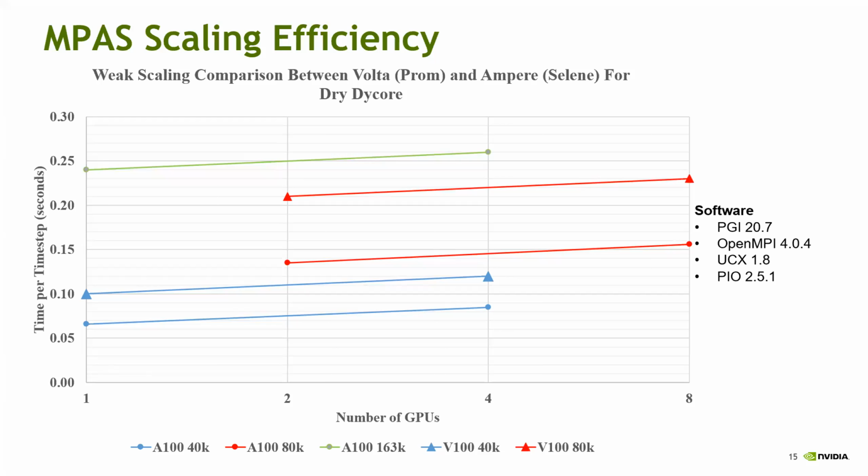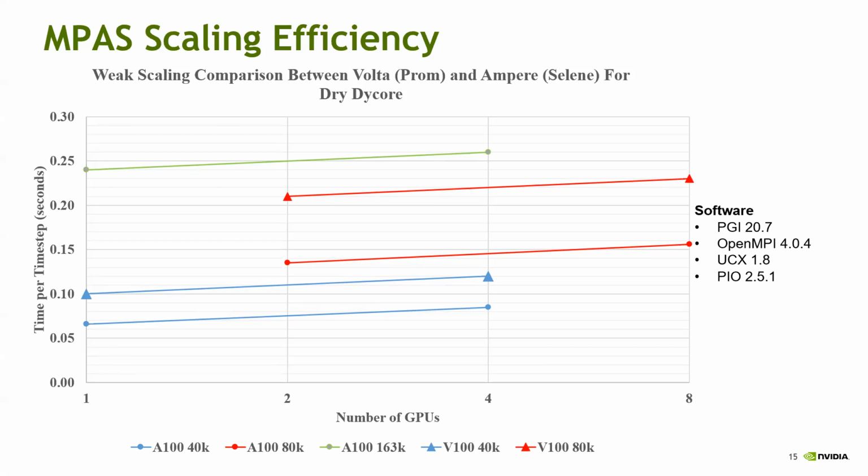This is inside a single node, so it's not doing any communication between two nodes; it's all intra-node communication. You can see that you're getting anywhere between 1.6 to 1.8x speedup between Volta and Ampere architecture. The other interesting thing to note here is that this code has not been modified, meaning it's out of the box. The same code that we wrote for Volta works for Ampere as well in this case.